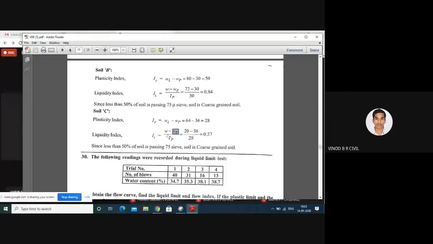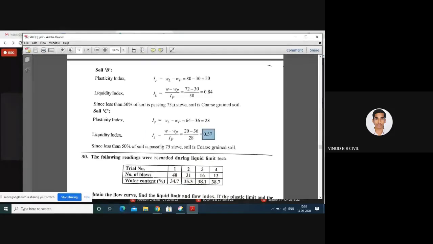Water content is 20, given in the problem, minus 36, the plastic limit given in the problem, divided by plasticity index, that is 28, you already calculated. Therefore liquidity index is equal to 0.57.